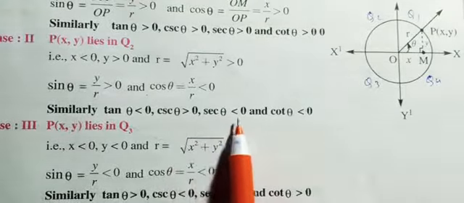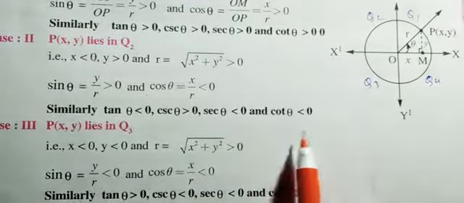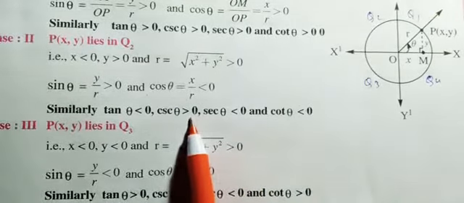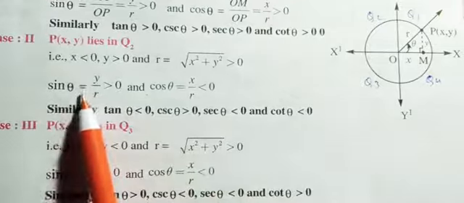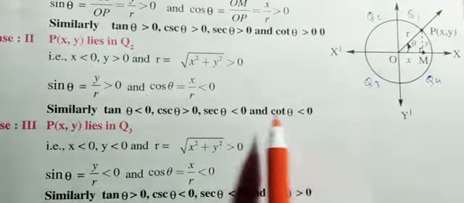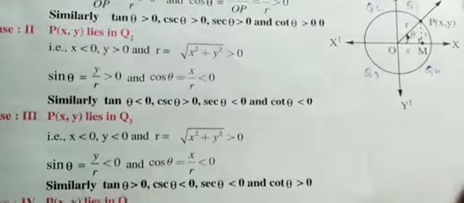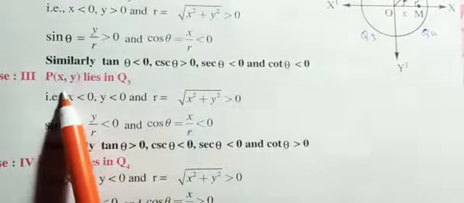Also sec theta is less than 0 and cot theta less than 0. Sec theta, cot theta, cosec theta we get from here also. Understood?